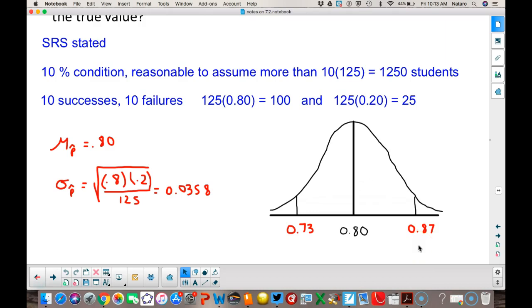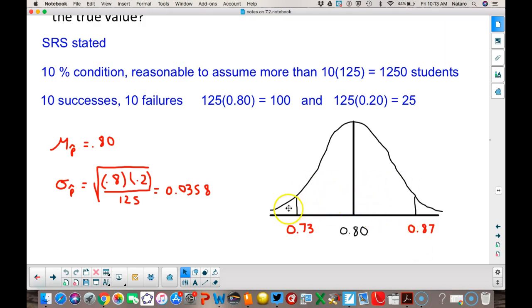When we take a sample of 125, we will probably not get exactly 80% of the students saying they're going to a four-year college. It might be a little bit more, it might be a little bit less. We're wondering what percentage of observations would fall within this range.